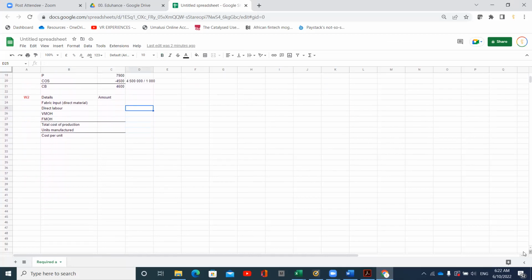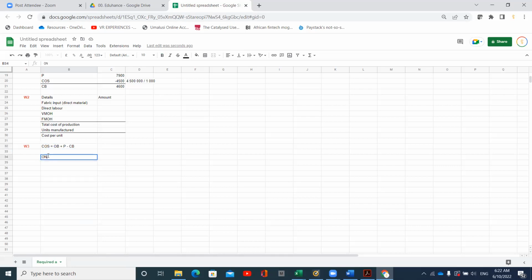So we apply the same formula as cost of sales. Okay, so working 3. So we need the cost of sales amount. So remember, cost of sales equals opening balance plus purchases minus closing balance. Okay, so basically the cost of sales amount is the raw materials used.